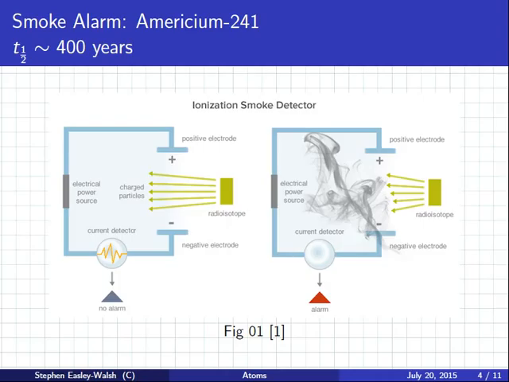Now, if the radiation comes out and enters the field, which way will the positive ones want to move? Up or down? Down. It'll move down. So this causes a current and it detects it and there's no alarm.